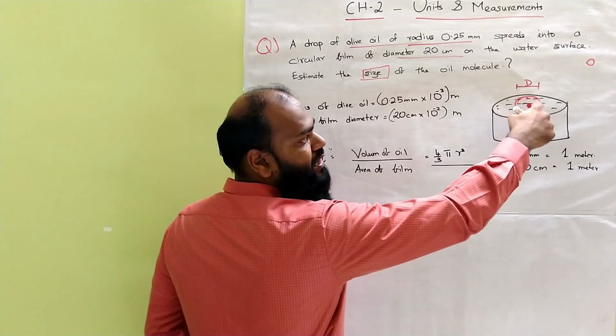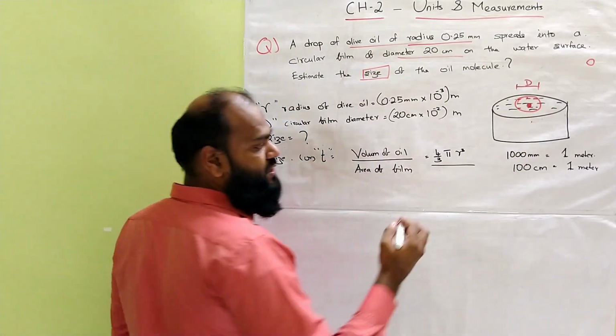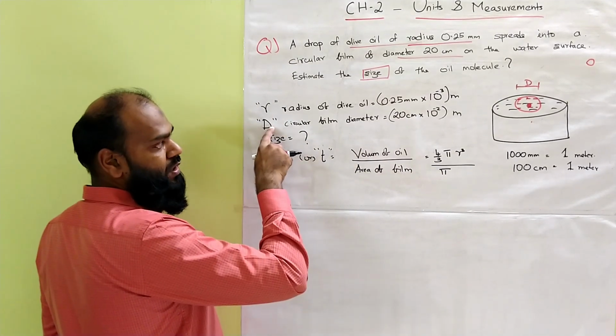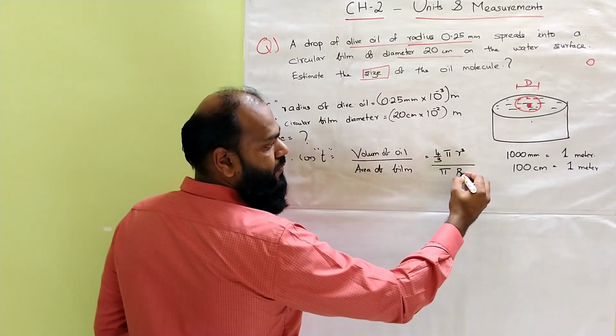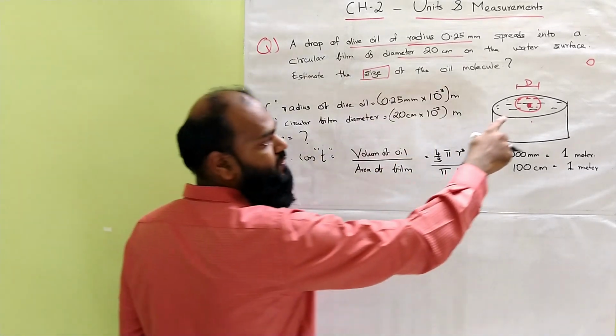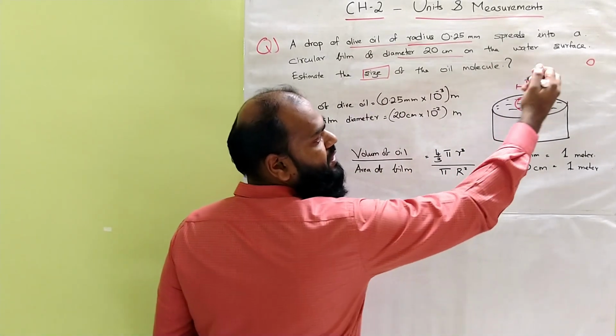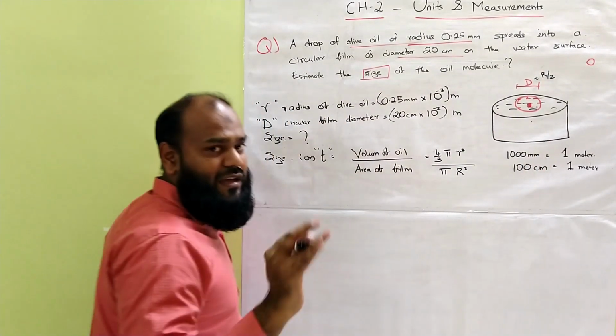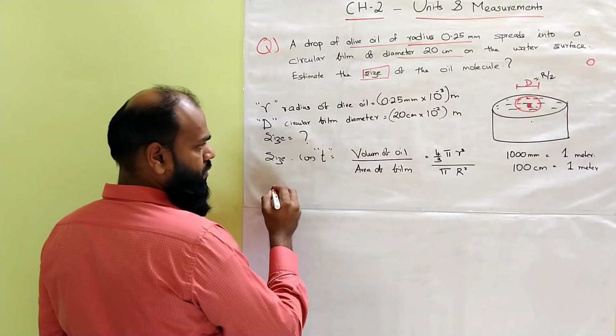We know the film is circular in shape, so the area of the circle is pi R square. Let capital R be the radius of the film, which is D divided by 2. Agreed?